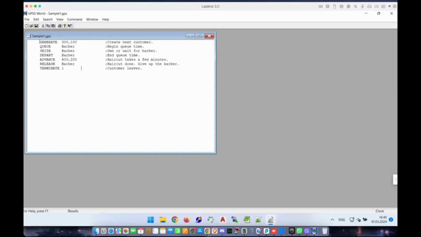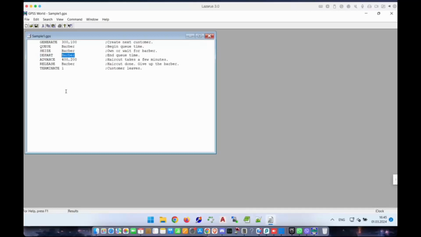So, for example, we have the command generate. And running the command generate, we're given two numbers for the command generate without any specifications of what generate is. For example, depart barber, right? Okay, we have the command depart, and barber is the argument which has been given to the command depart.